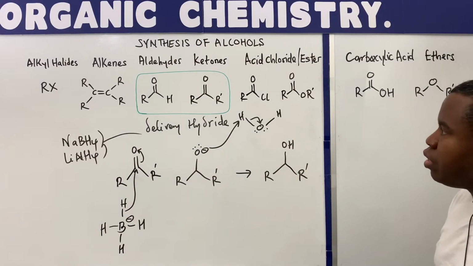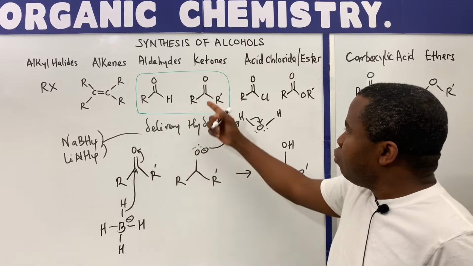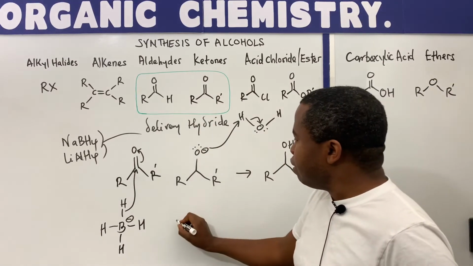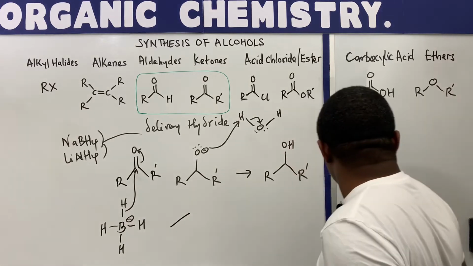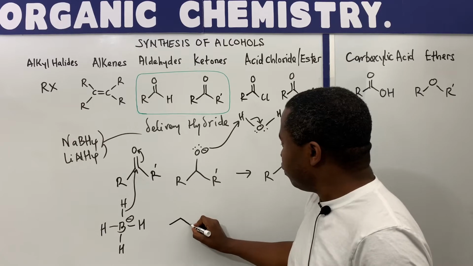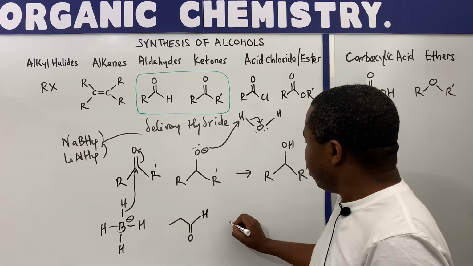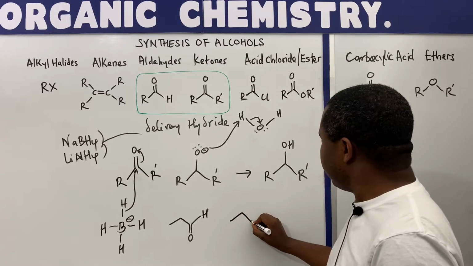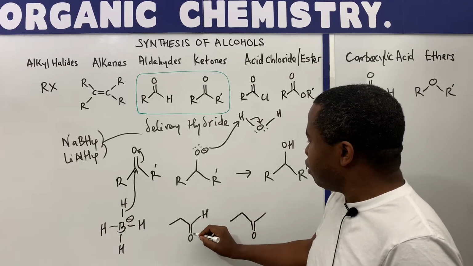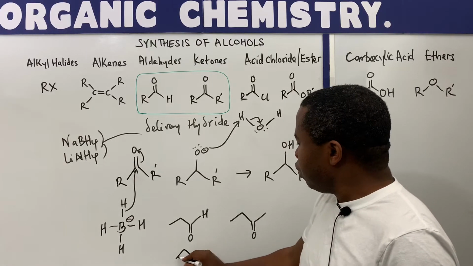And one thing you should take note of is that if we start with an aldehyde, we're going to form a primary alcohol. If we start with a ketone, we're going to form a secondary alcohol. So basically what we're saying is that if we have something like this, and let's say we have something like this. If we reduce this compound, we're going to form a primary alcohol.